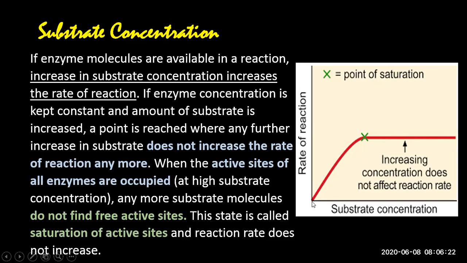When you are increasing the substrate concentration, like 1 substrate, 2 substrate, 3 substrate, initially the enzymes are available. Let's say one enzyme and one substrate complex is formed, and then the second enzyme and second substrate complex is formed. The rate of reaction is increasing.